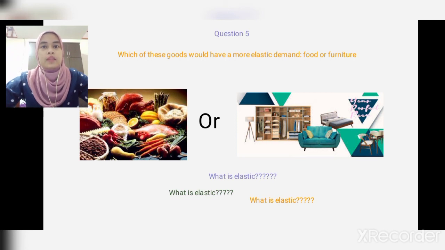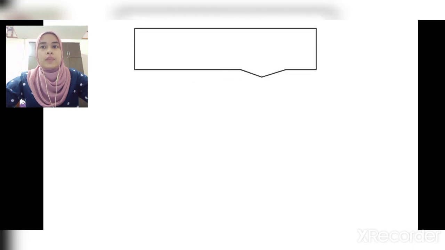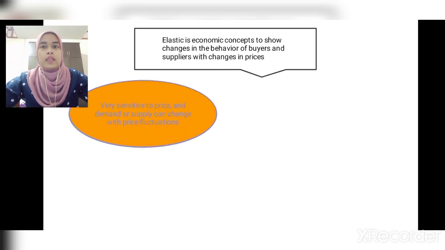For example, if the price of goods such as butter increases, consumers can easily switch to margarine, such as coffee and tea, which are also direct substitutes.